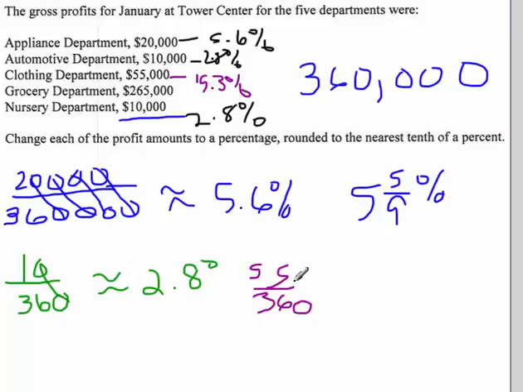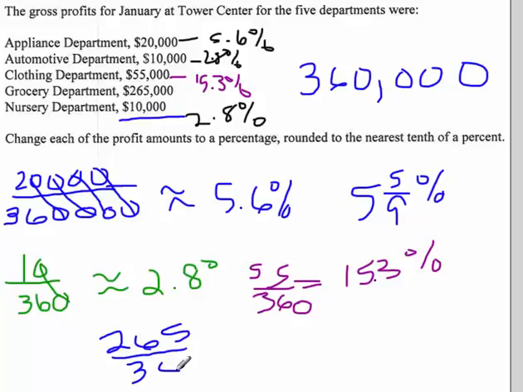Then, of course, the final one. And this is just approximate because I'm rounding to the nearest tenth. So for the very final one, we've got 265, and we're just going to divide it by 360. It's another problem that we can reduce, because 5 will go into both of these numbers, but we can use our calculator as well.